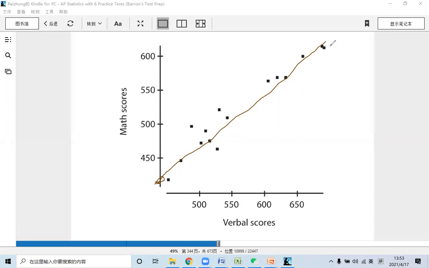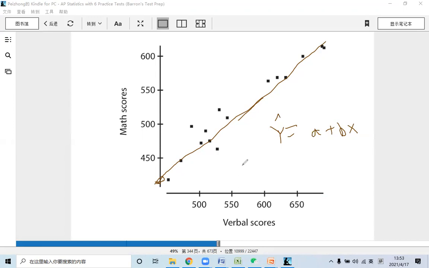And you get a formula. You need a formula for this line. The formula would be the predicted y equals a plus b times x. This regression line would allow you to make predictions. Suppose you know that my SAT verbal score is 550.